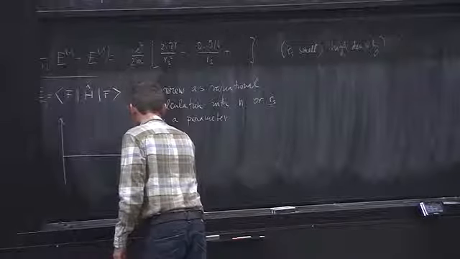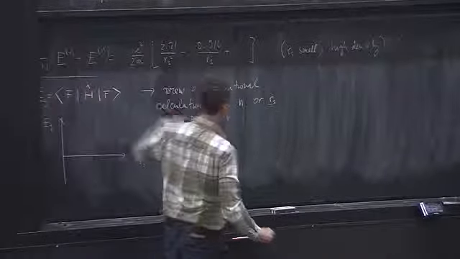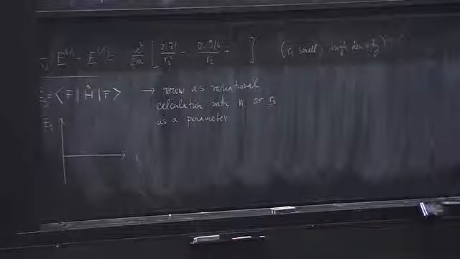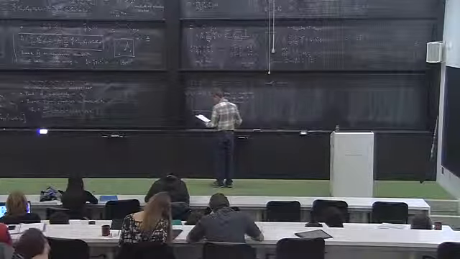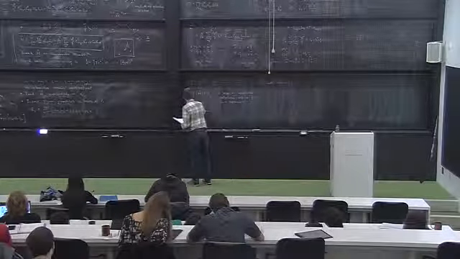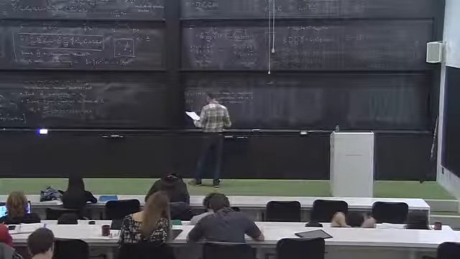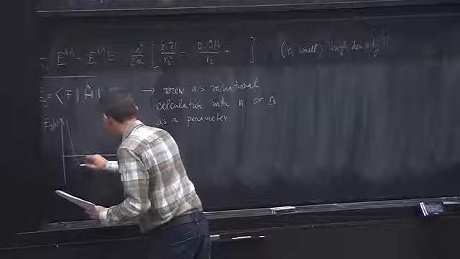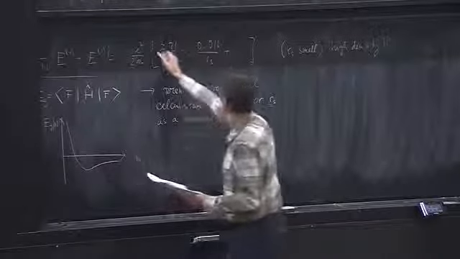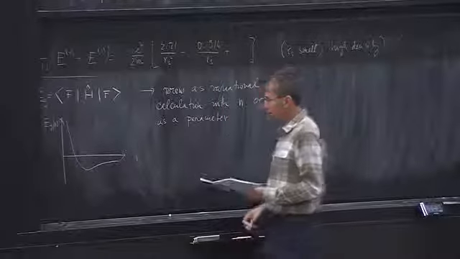Let's plot this EG calculated in this fashion as a function of rs. We're plotting EG per particle again to get a finite result. And it looks something like this.